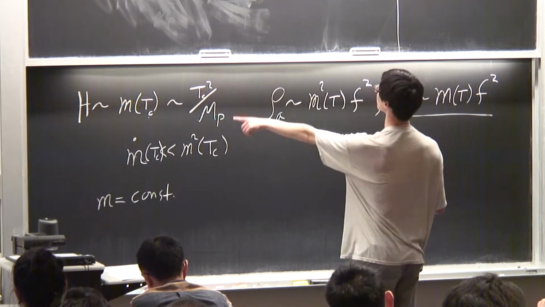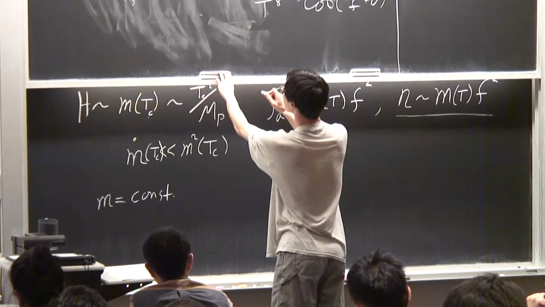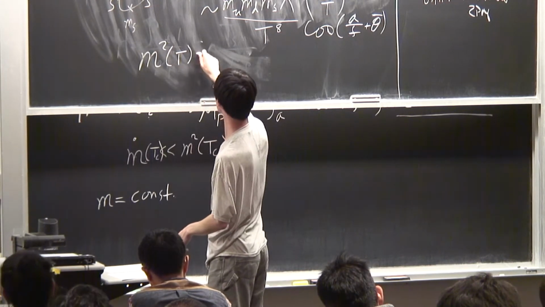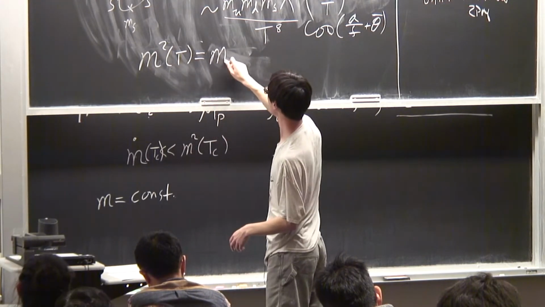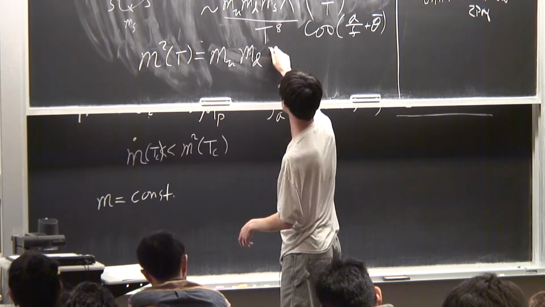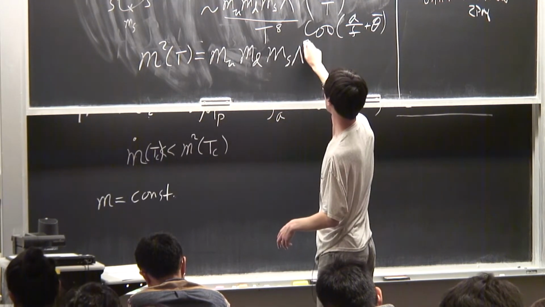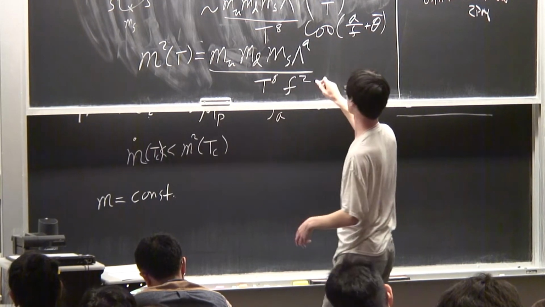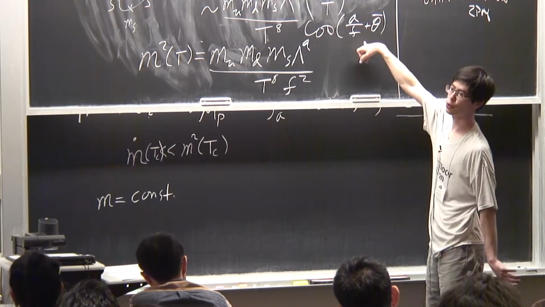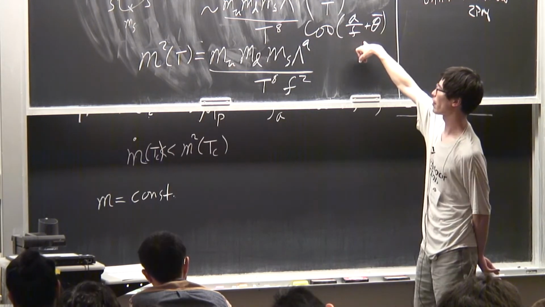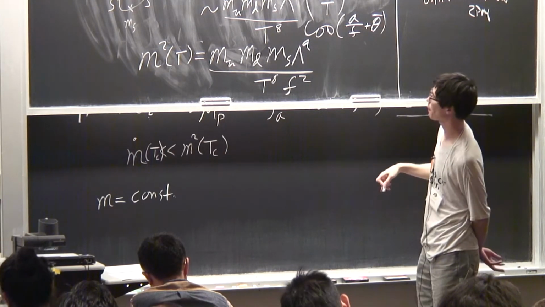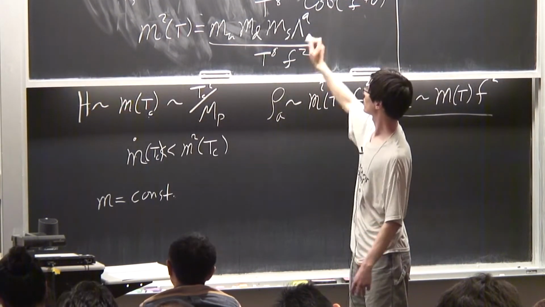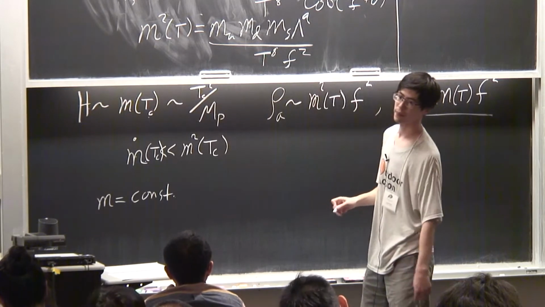If you take the mass of the axion, m squared of T equals this guy here, mu, md, ms, confinement scale to the 9th, T to the 8th, f squared. You Taylor series this guy to second order, and then the mass term is that term, and so your mass scales like this. And so you set this equal to T squared over m Planck.